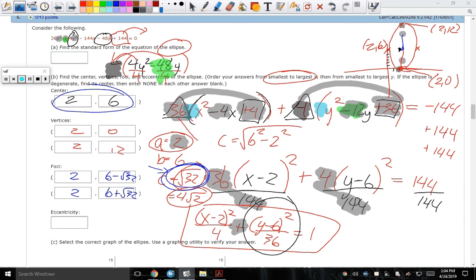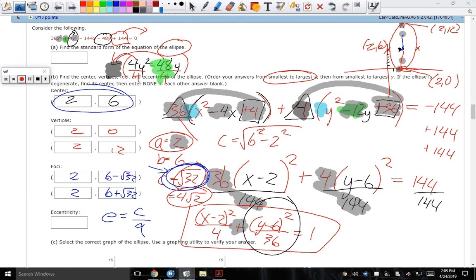Eccentricity. Eccentricity will tell you it's a parabola if E is 1. If E is less than 1, it's an ellipse. And if E is bigger than 1, it is a hyperbola. Looking at this, the equation is one that for some reason got stuck with me in college when I was doing eccentricity with Calc 3. It's C over A, but I like it for you not as C over A, but C over what?